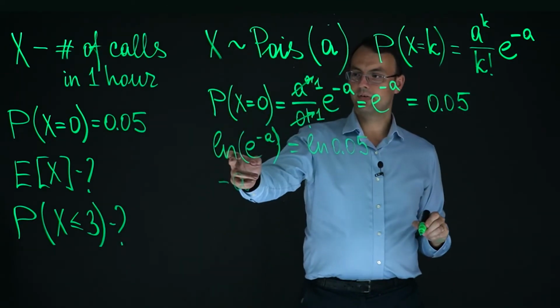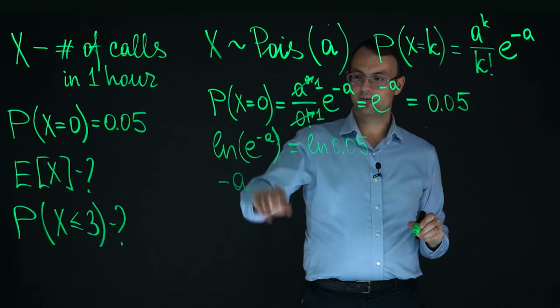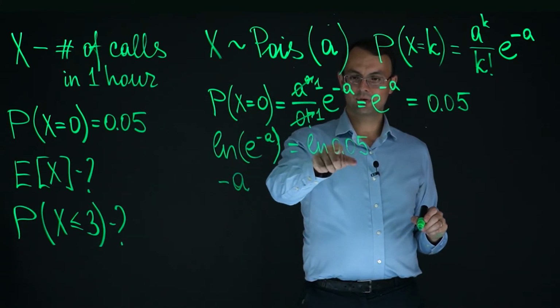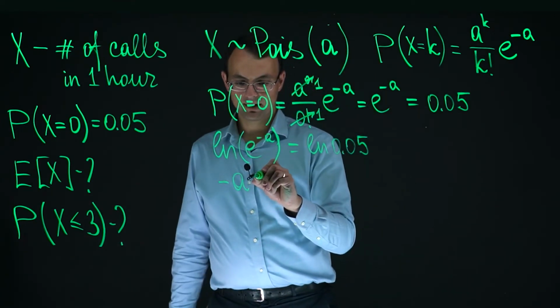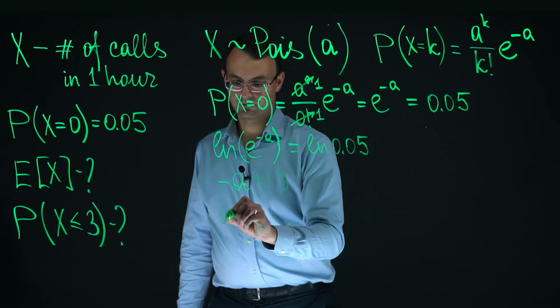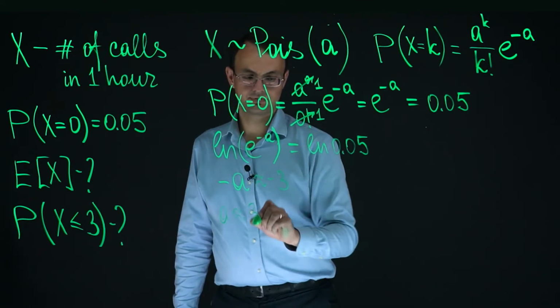As logarithm and exponent delete each other, and logarithm of 0.05 is approximately minus 3, so a is approximately 3.